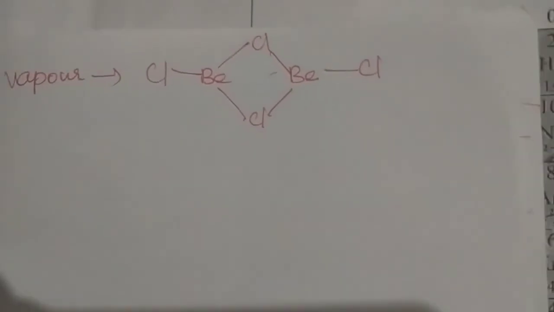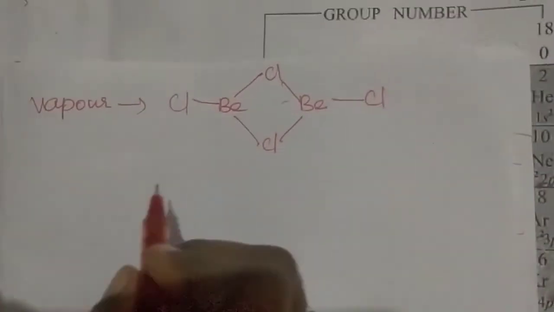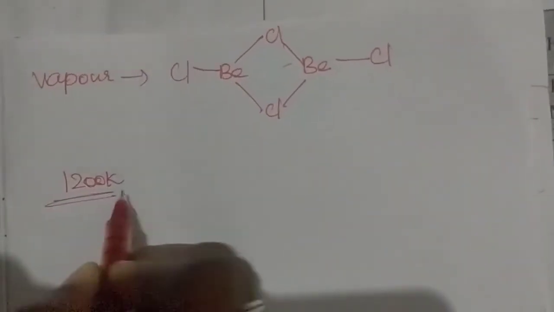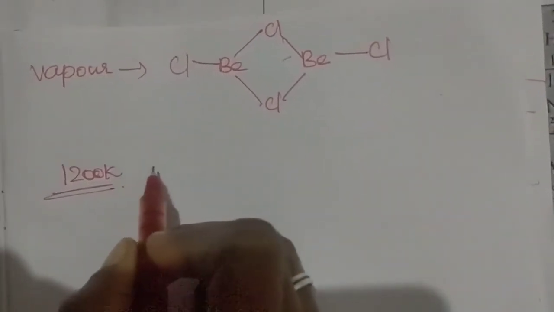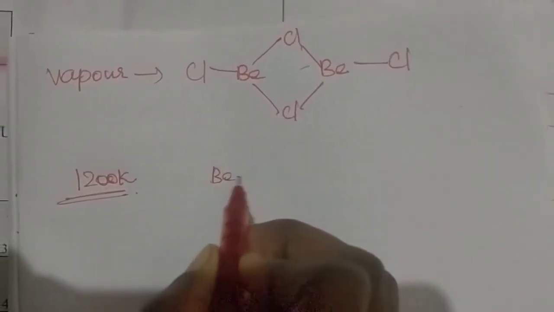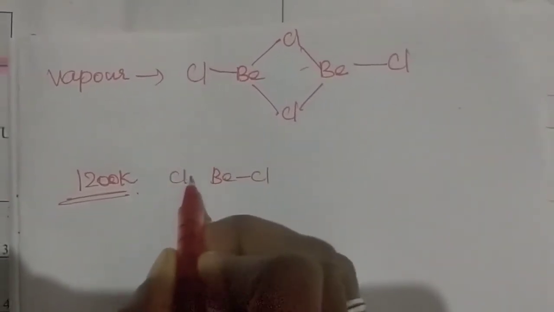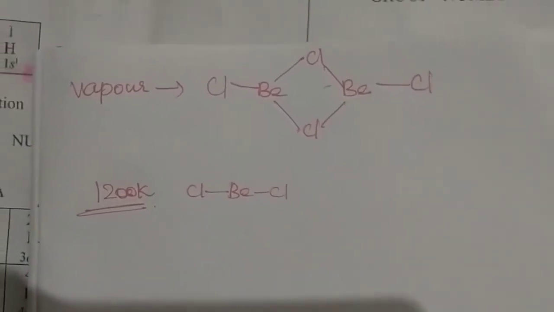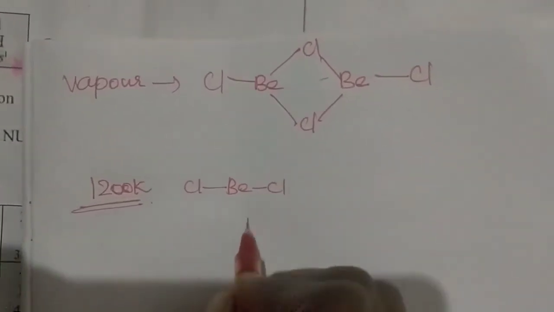Existing like this. And when beryllium chloride is present as a linear monomer at high temperature, 1200 Kelvin, it shows a linear monomer structure.